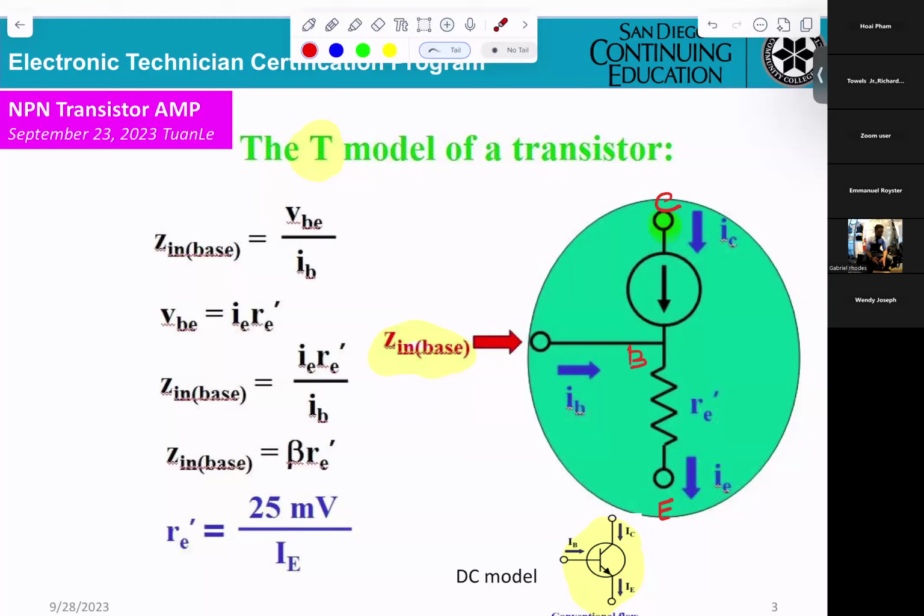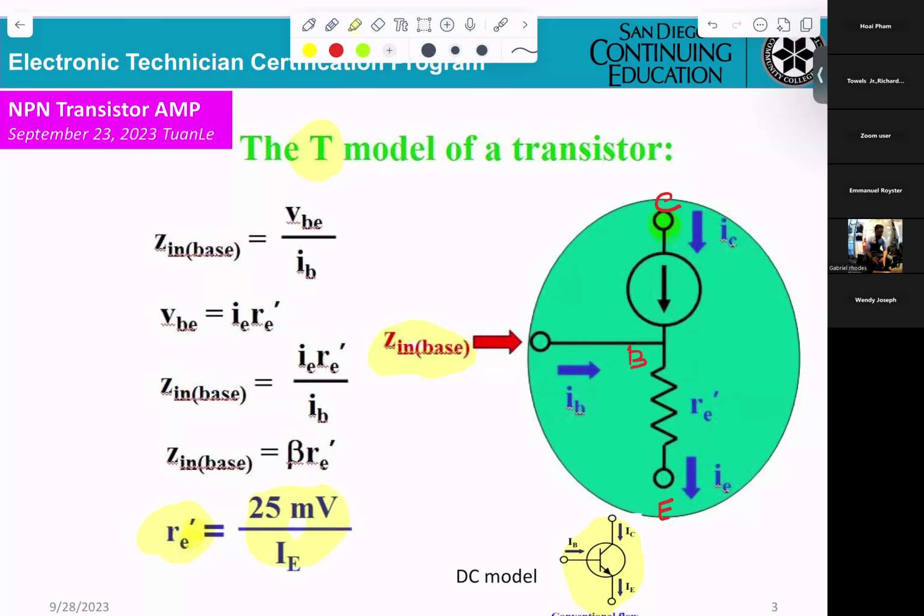However, on the AC, there is no longer a diode there. That means between the base here and the emitter here, you get the resistance r prime e. And that resistance will be calculated here. r prime e equal 25 millivolt divided by IE.